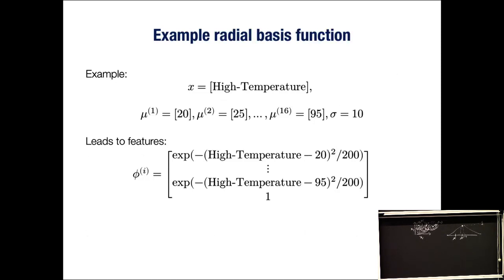I could pick the bandwidth to be 10, say, and then each of these features is the exponential of the negative high temperature minus 20, all the way up to minus 95, squared, divided in all cases by 200. So that would be a set of RBF, radial basis function features, based upon the raw input of the high temperature.